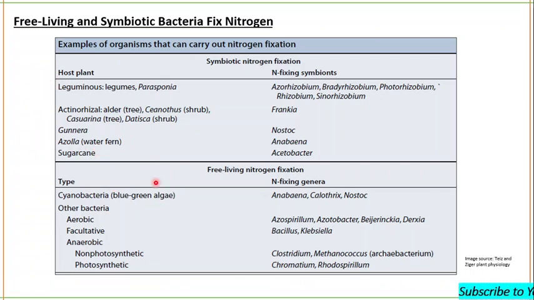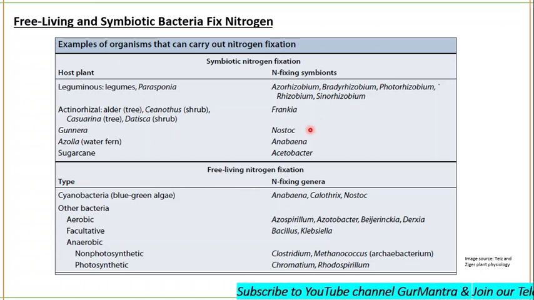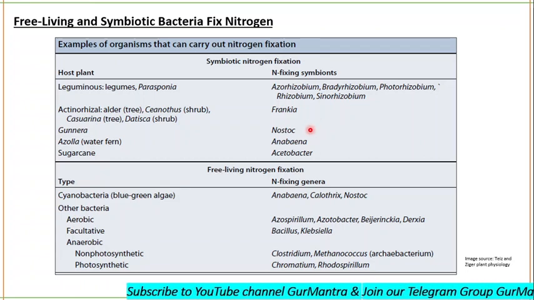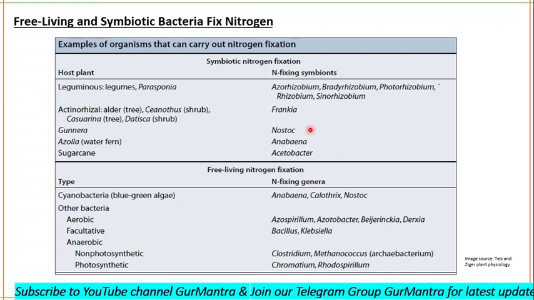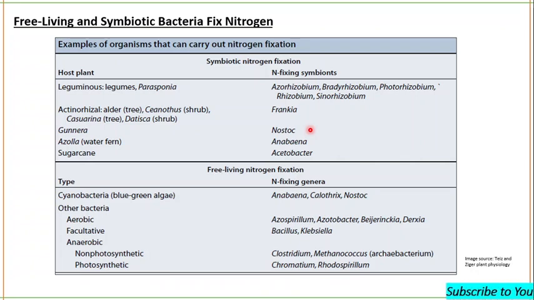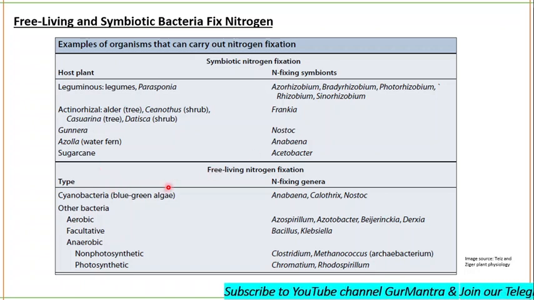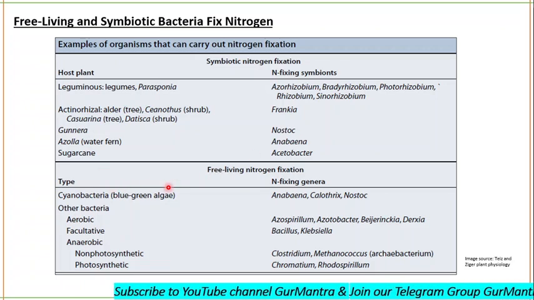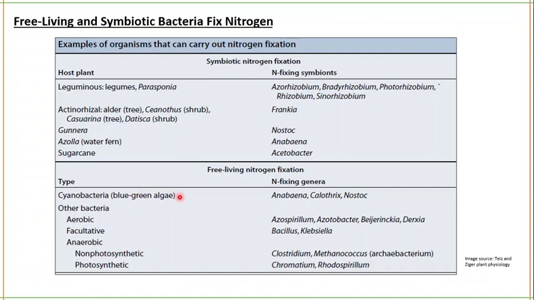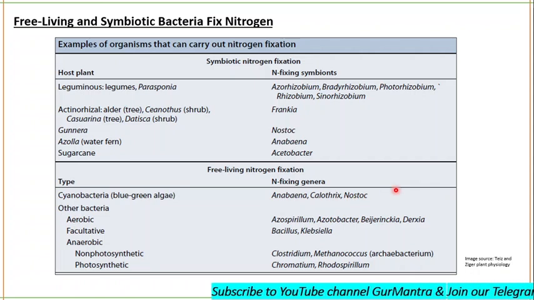Okay, free living nitrogen fixation. Cyanobacteria can act as a symbiont and can also fix nitrogen in the free living state. And why? You will get to know this in a later section. Well, let me tell you, it is due to the formation of heterocysts. Cyanobacteria like Anabaena, Calothrix and Nostoc can fix nitrogen even in their free state.